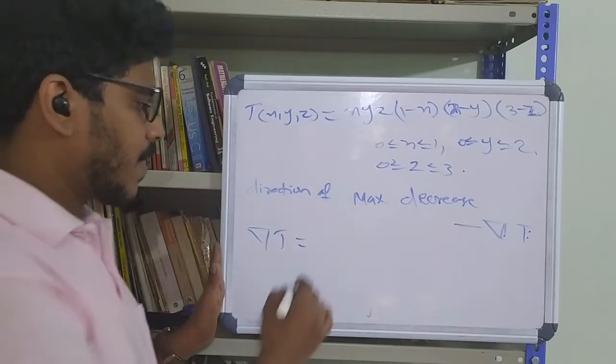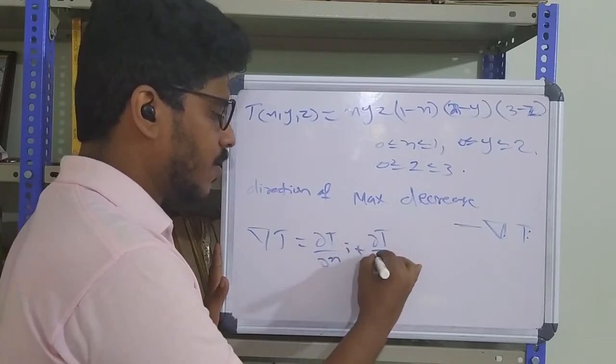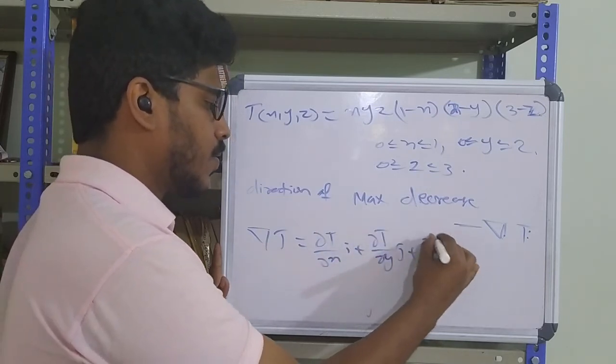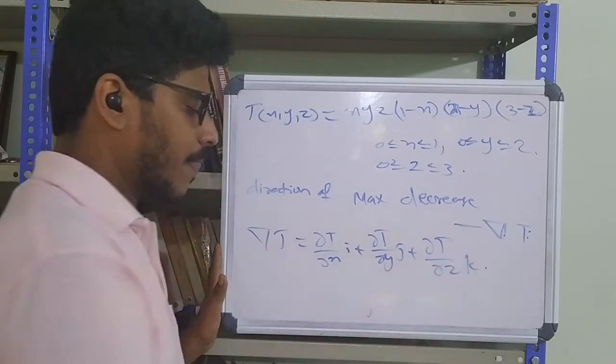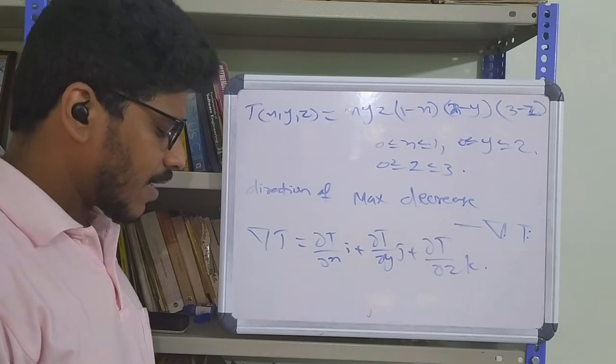Grad T can be found as ∂T/∂x i plus ∂T/∂y j plus ∂T/∂z k. This is quite simple.